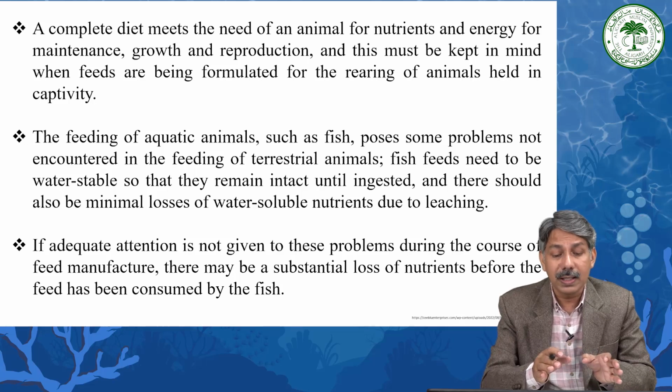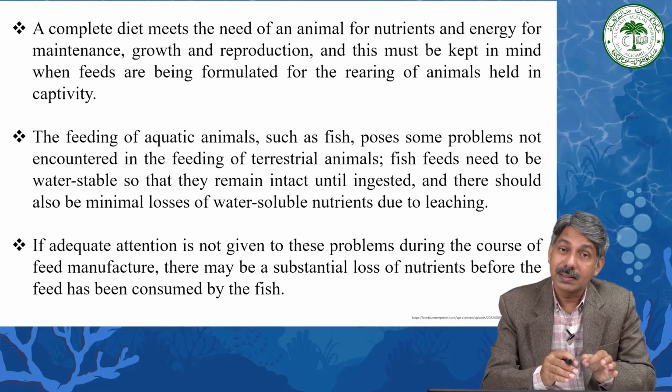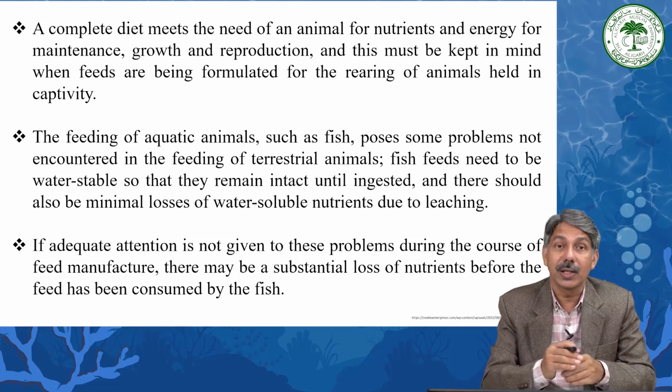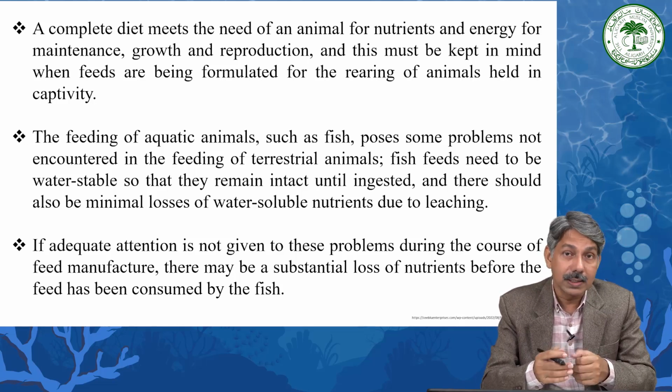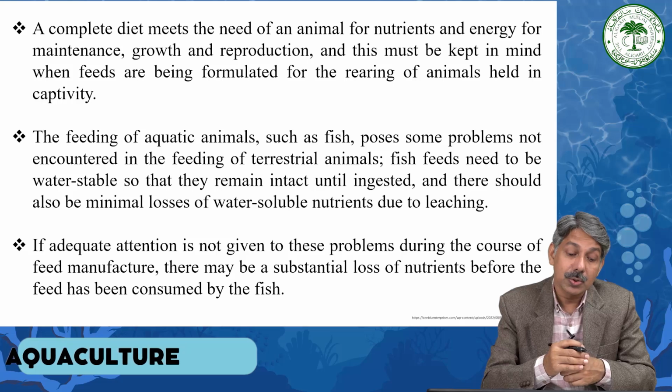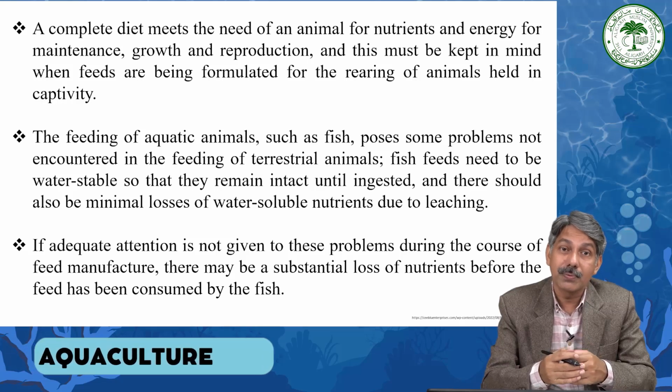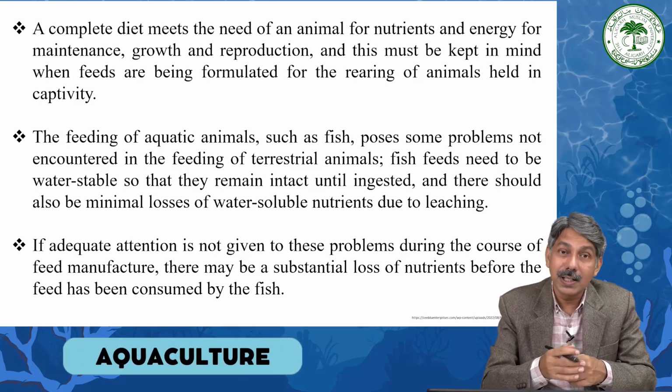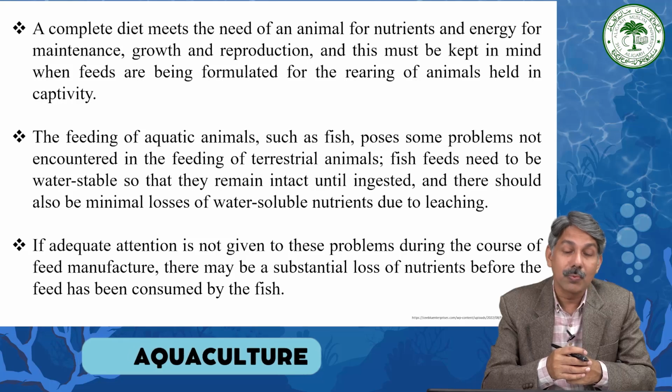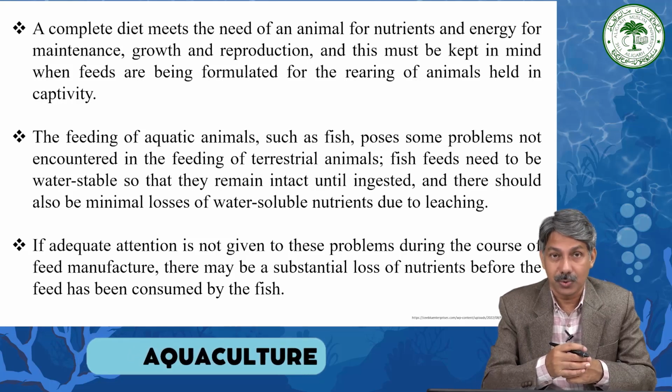So all that information you get, and also since nutrient requirement changes according to the life stage of the fish or any other aquatic organism, you will also have information beforehand that different life stages may require what kind of variation in different nutrients.